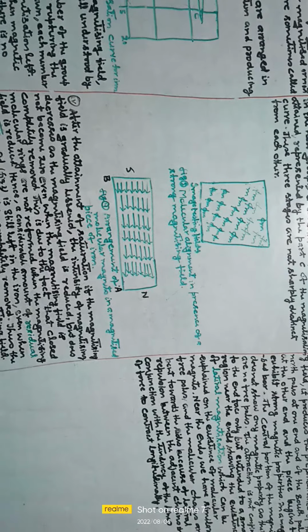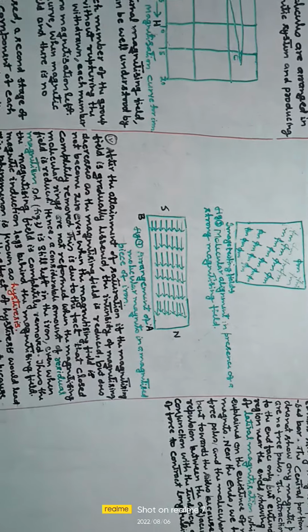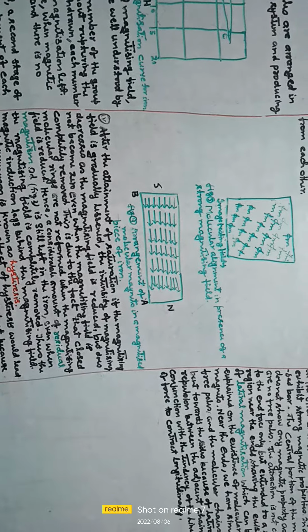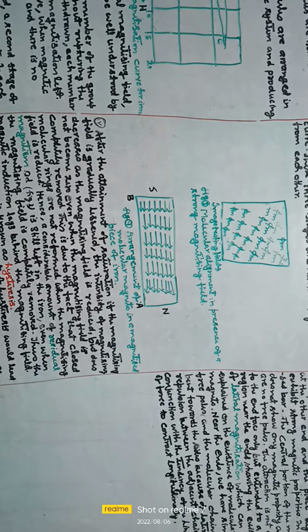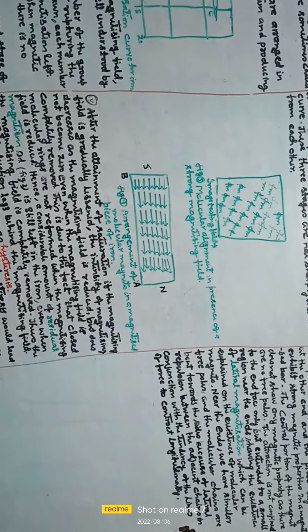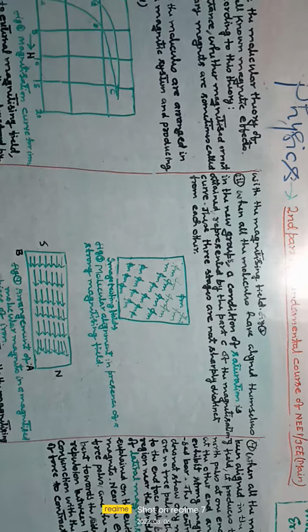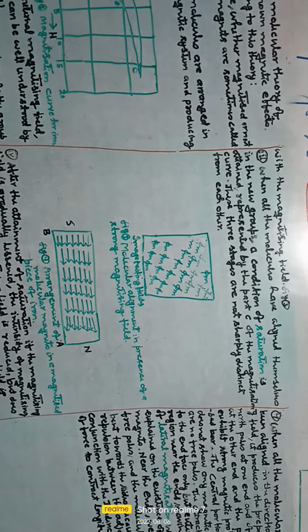Now, with the magnetizing field, figure 2. Now the third stage: when all the molecules have aligned themselves in the new groups, a condition of saturation is attained, represented by the part C of the magnetization curve.